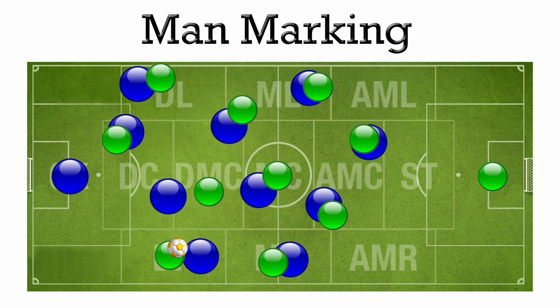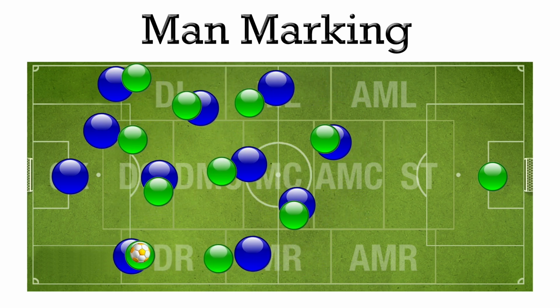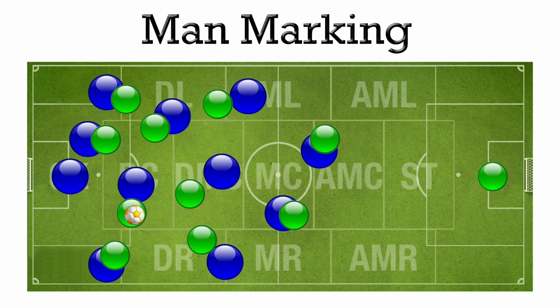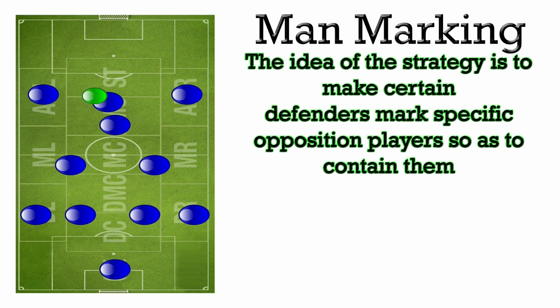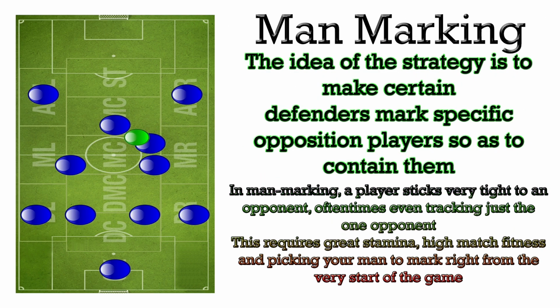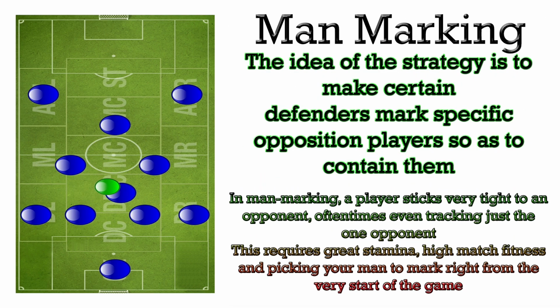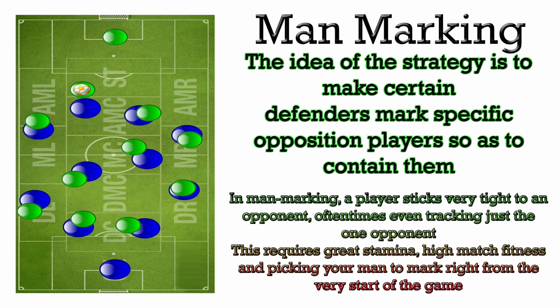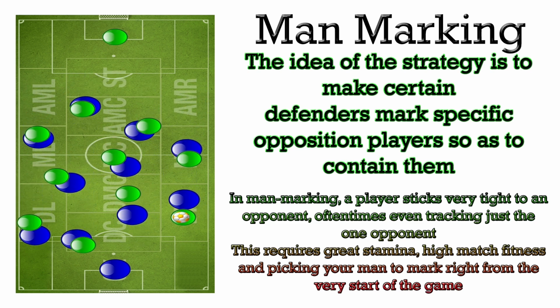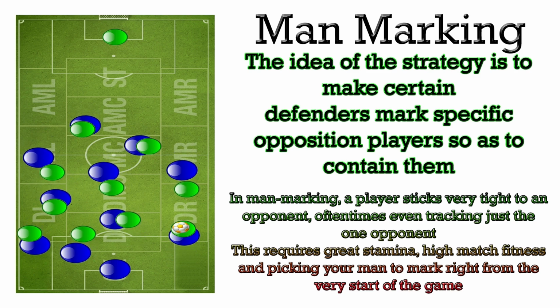That part is not available here. Another thing is, players move into uncomfortable positions because of roles they are not suited for, like a DC having to go and mark in the opponent's attacking area. So that's all about man marking.